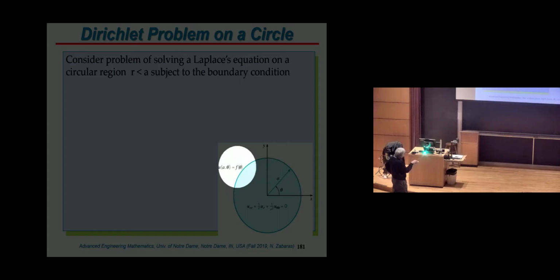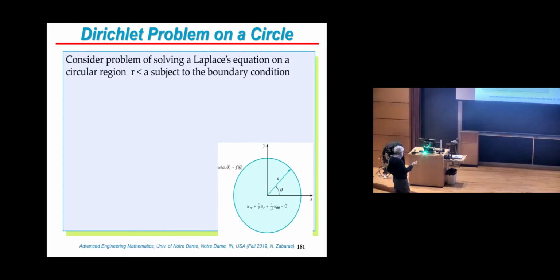we assume that we have essential boundary conditions. So I give you the temperature on the boundary. We know the temperature is a function of theta. We would like to solve this, and because the boundary conditions are in terms of theta, the correct coordinates to express the Laplace equation and solve it are polar coordinates.